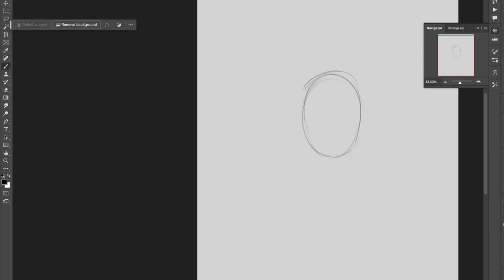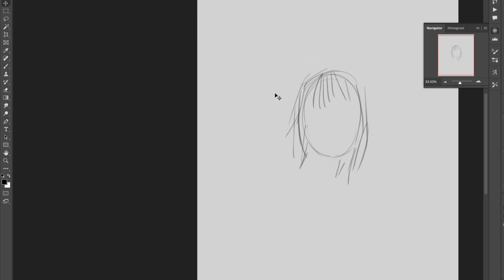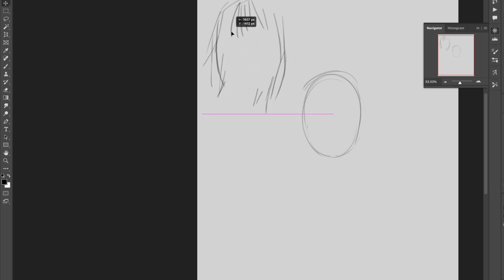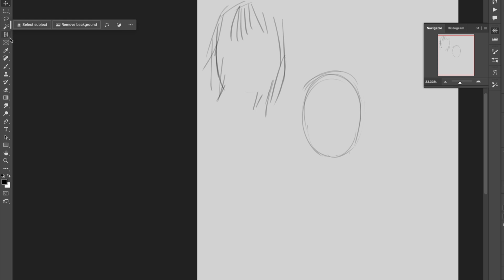So instead of drawing the hair stringy like this, we don't want this. What we do want to do is draw the hair as a solid mass.